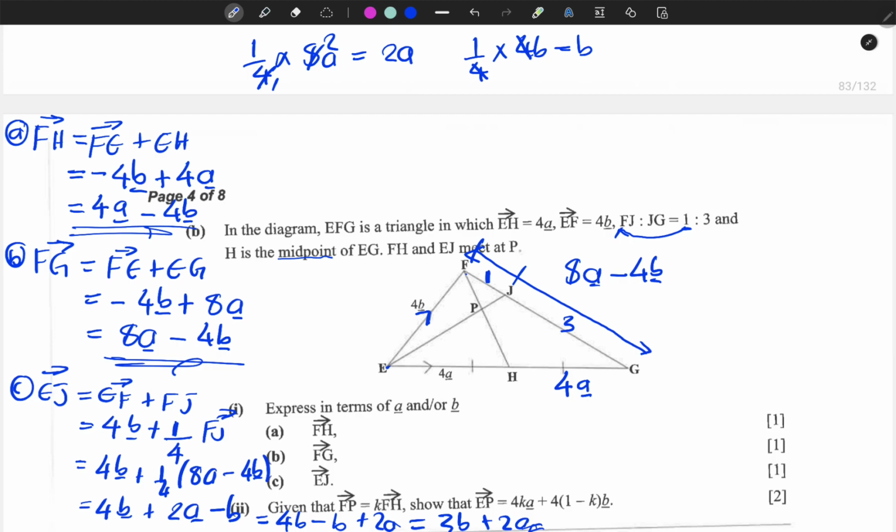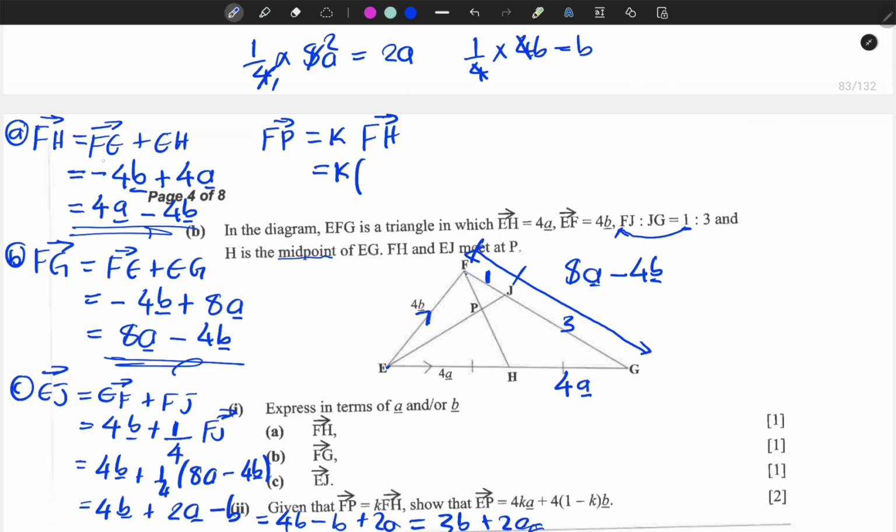Then from there we are told to give it that FP is equal to k, so k is a constant which can represent any number, times FH. So do we have the vector for FH?